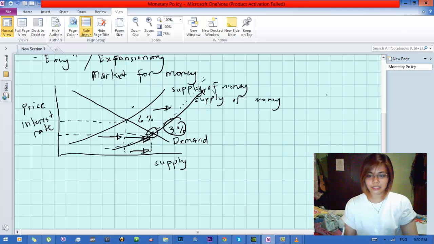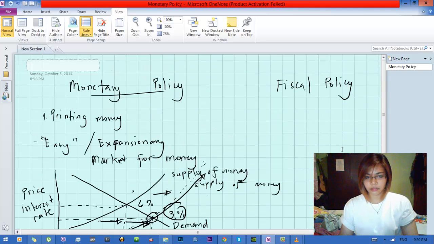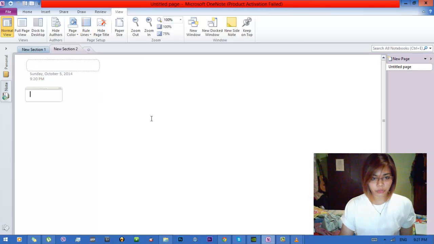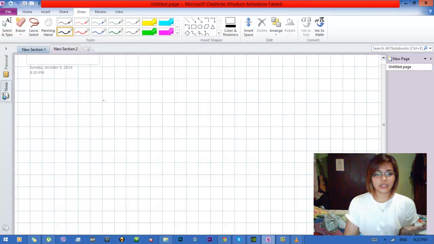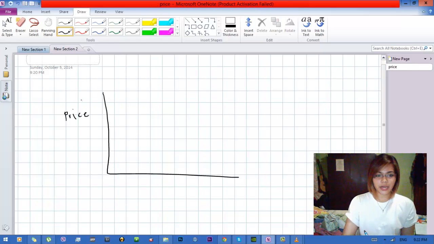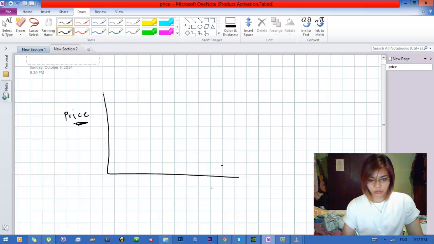And if we look at the, I'm just going to be using a new note. This is how it affects the AS-AD model. Overall price level for goods and services on the y-axis, and on the x-axis we have our real GDP.